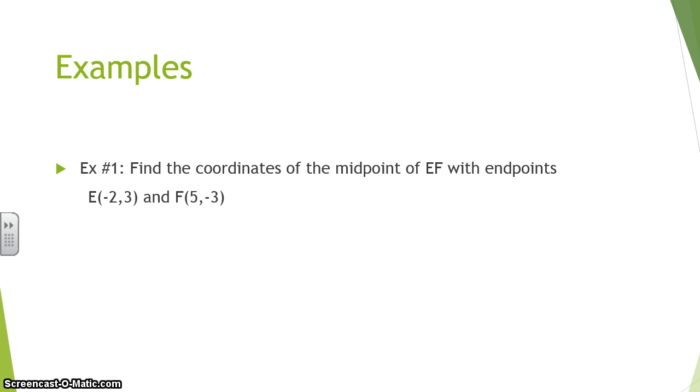Our first example, they're asking us to find the coordinates of the midpoint of EF with the following endpoints. We have E is (-2, 3), and F is (5, -3). If we think about this, here we have E at (-2, 3), and we have F at (5, -3).